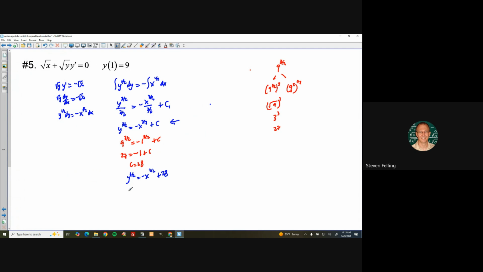So what I'm going to do is raise the left side to the 2/3 power, because that will multiply to a 1 and give you just y. And this entire negative x to the 3/2 plus 28 will be raised to the 2/3 power. So that means y is negative x to the 3/2 plus 28, to the 2/3 power, would be the result.